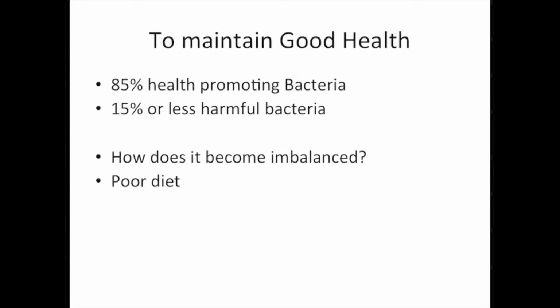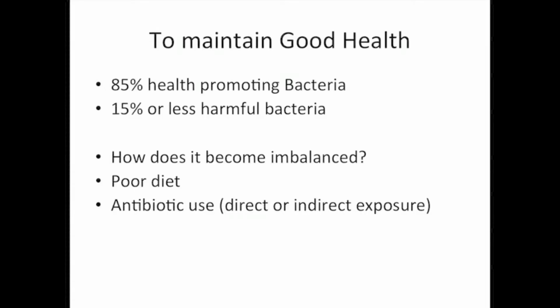A poor diet that's high in acidity, comprised of refined grain, sugar, and red meat, will stimulate the growth of harmful bacteria and suppress the growth of beneficial bacteria in our intestines. Harmful bacteria love refined grains, sugar, and red meat.